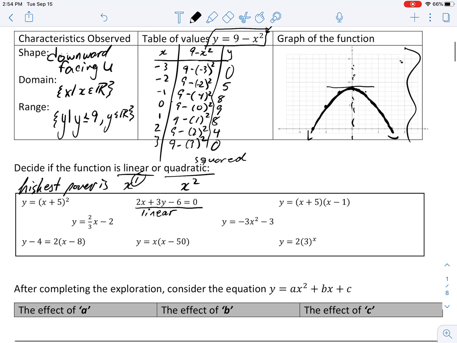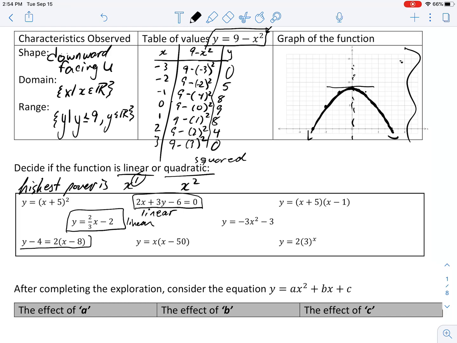Same thing here. This is also linear, these two. What else? This guy, also linear. Even if I multiply that 2 through there, I'd get y minus 4 is 2x minus 8. It's not an x squared, it's a 2x, so this is also linear.